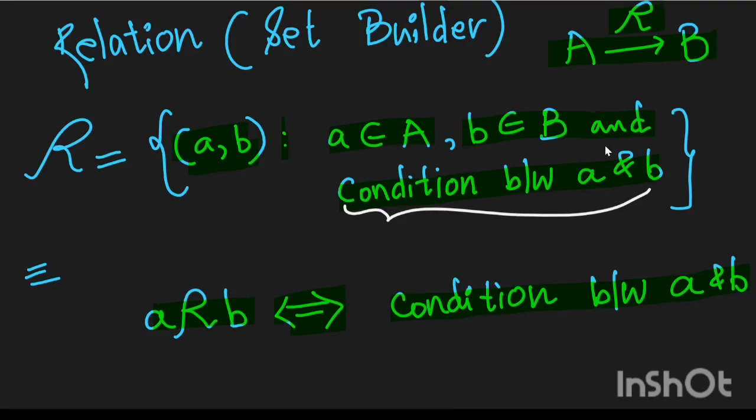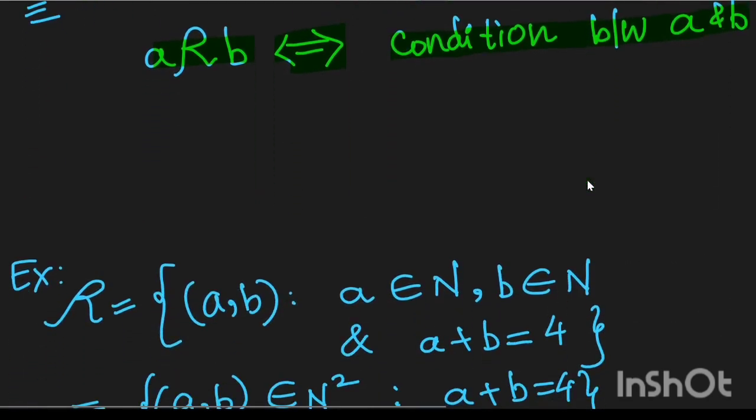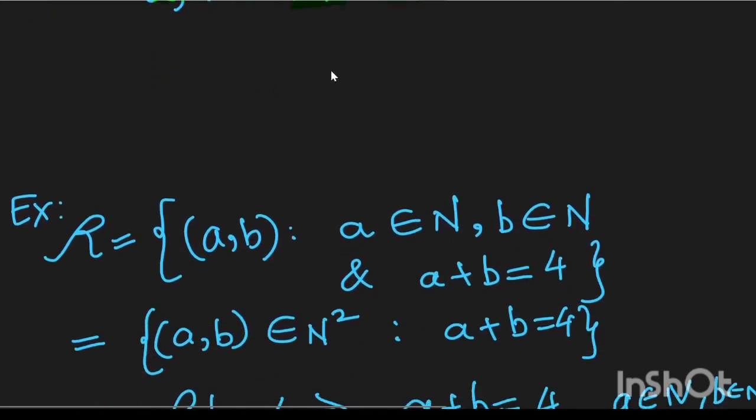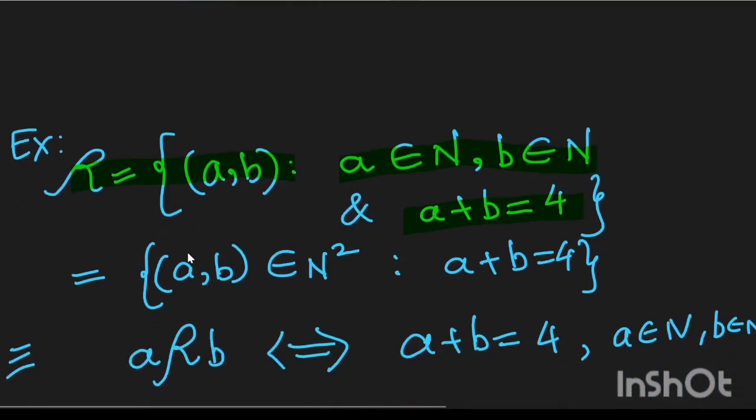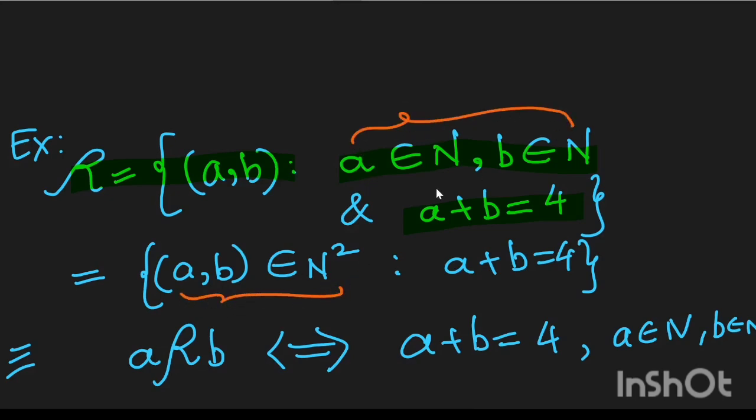Let's take an example on this. If a relation is defined like this, guys, relation R is {(a, b)} such that a and b are natural numbers and their sum is 4. It can also be written as a belongs to N and b belongs to N, or as (a, b) belongs to N square.